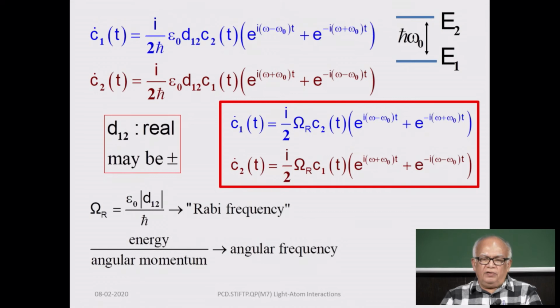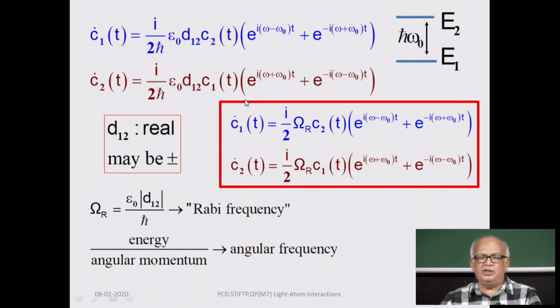Now what we do is to rewrite this in terms of a new factor, which is epsilon 0 times d divided by h cross. This has got the dimensions of frequency, and this is called a Rabi frequency. So this factor epsilon 0 d over h cross is now replaced by omega R, which is the Rabi frequency.